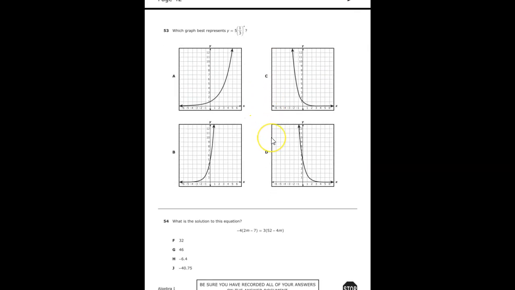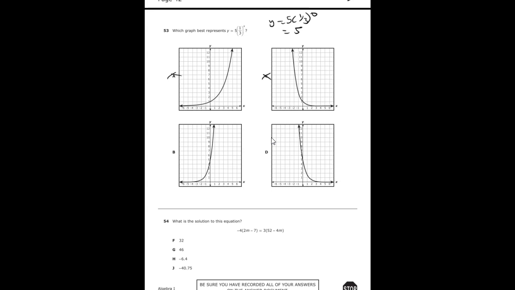Okay, 53. This is a very interesting question. What I like to do first is find the y-intercept. So y equal to 5 times 1 over 3 to the power of 0, which is 5. But then I want to figure out the right direction.